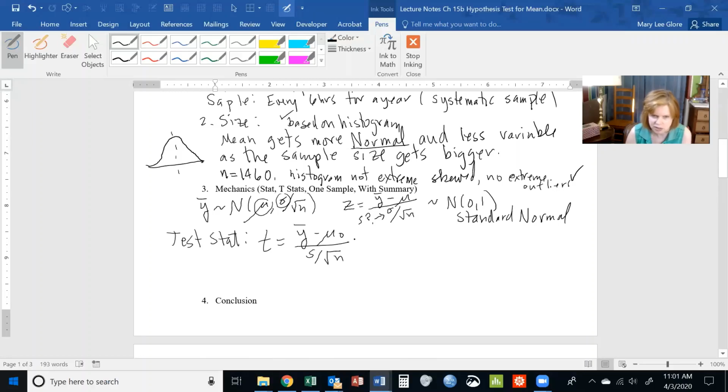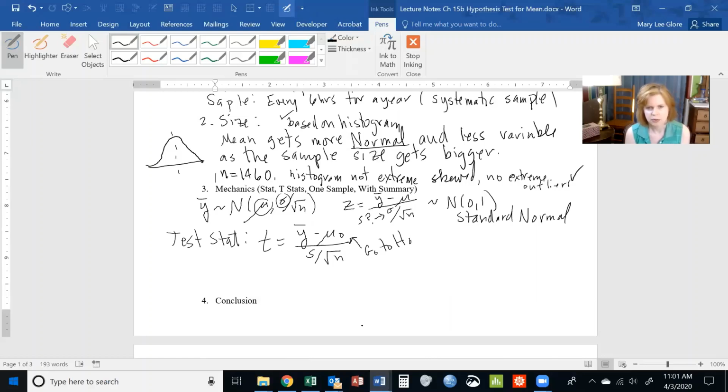You might have noticed I stuck this little 0 in here too. That mu0 tells me that I need to go to H0 to get this value. Every test statistic is a calculation that assumes the null hypothesis is true.